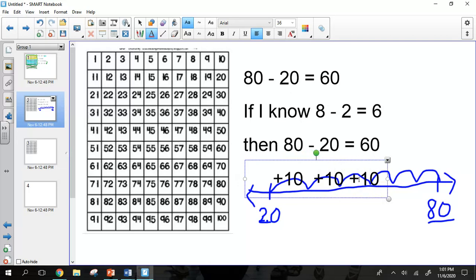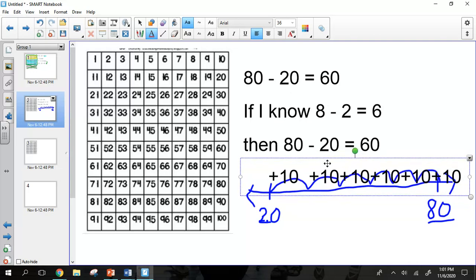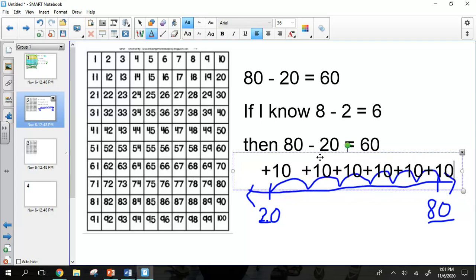And those are going to get a little bit crowded. Let me back that one up. Plus 10, plus 10, and one more plus 10. So I took those plus 10 jumps right there, and then I can count how many of those I did.